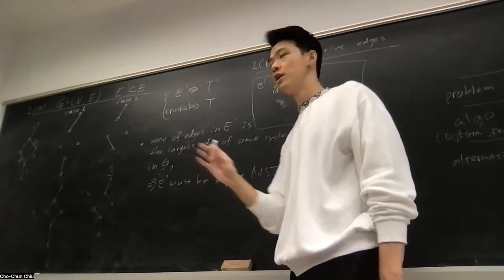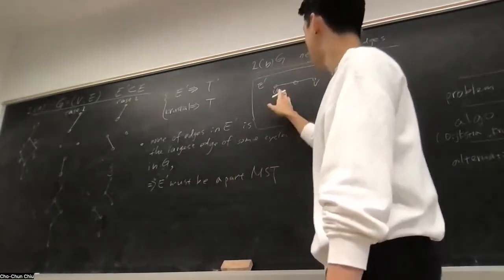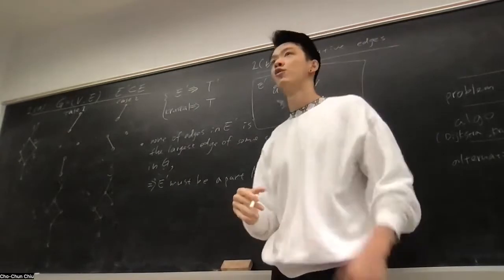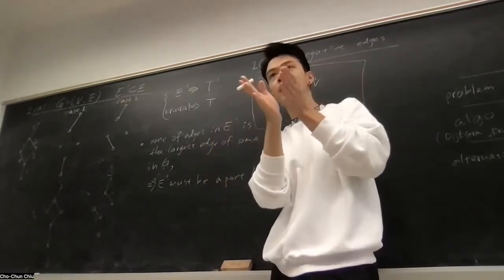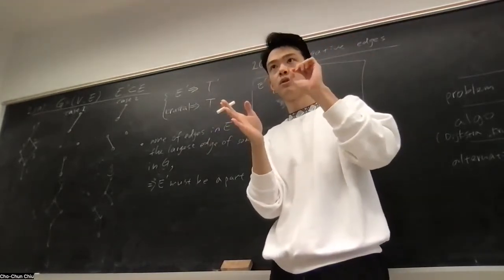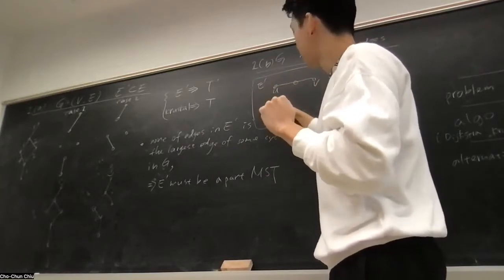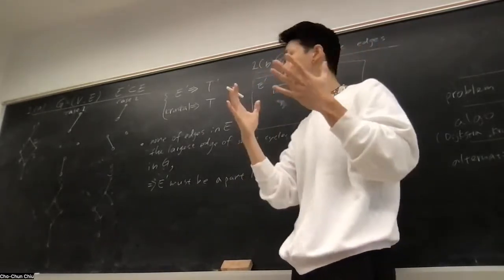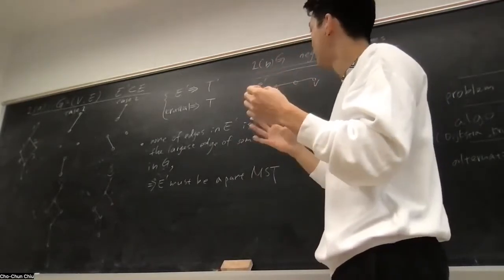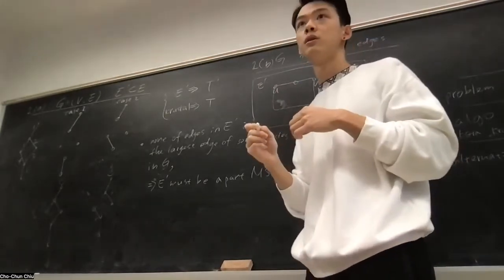Clear? Okay. So that's E prime, and then we assume this is not part of MST. But we know for MST, the tree has to be traversing all of the nodes, right? So if this is not part of MST, we definitely still have another path to connect U and V, right?